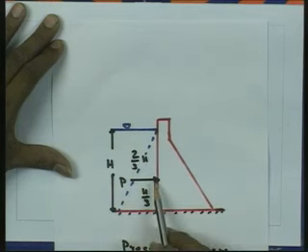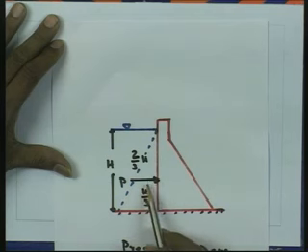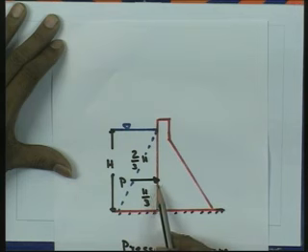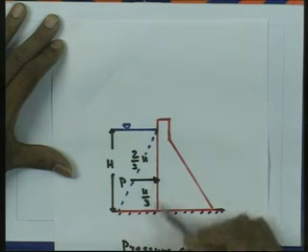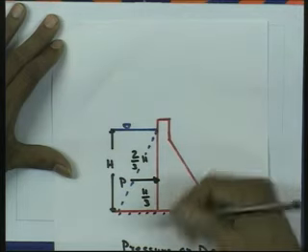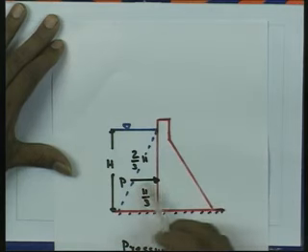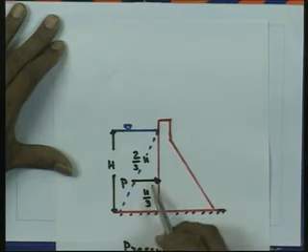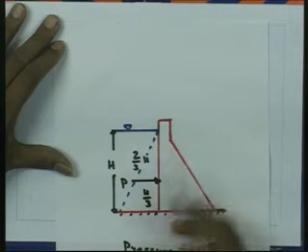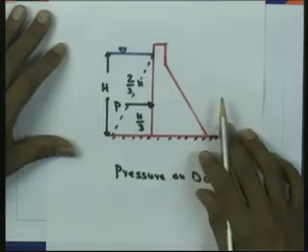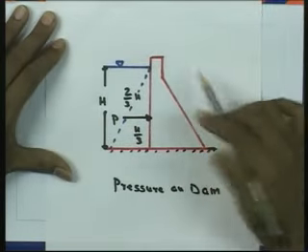That is equal to gamma A x bar, or in this case gamma H into H by 2 per unit width, and you multiply by the width of the river, or where that section is. That will give the total pressure, and the pressure will be acting at H by 3, very similar to the case of a tank which we have discussed. So this gives the pressure on a dam.